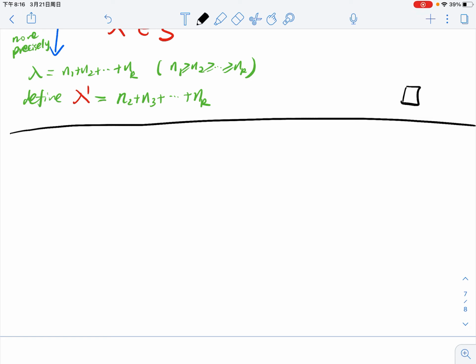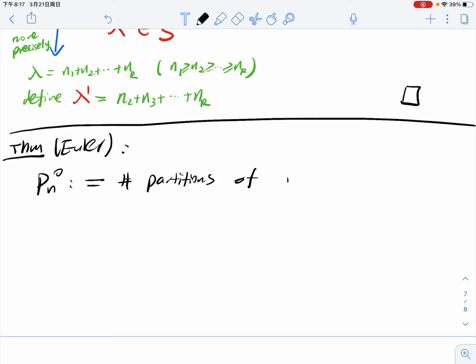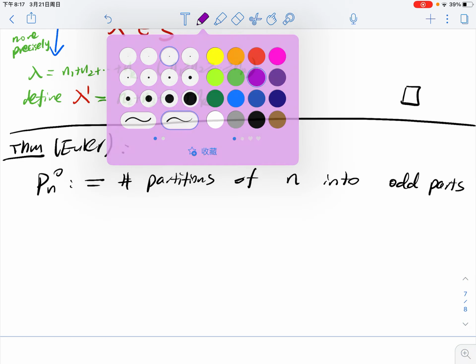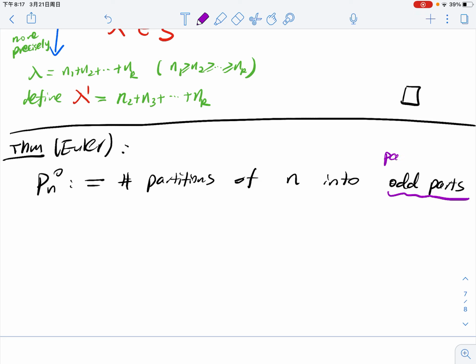Okay, another identity I'm going to show you is due to Euler. Let Pn0 be the number of partitions of n into odd parts. Here I would like to explain a little bit more: odd part means each part is odd.